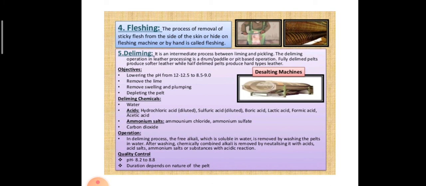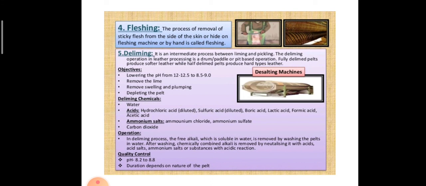Okay, so this is the desalting machine. The second image shows that desalting machine. Now what is the main objective? What is the aim? Why do it? What is the aspect behind that? It is lowering the pH from 12 to 12.5 down to 8 to 9.